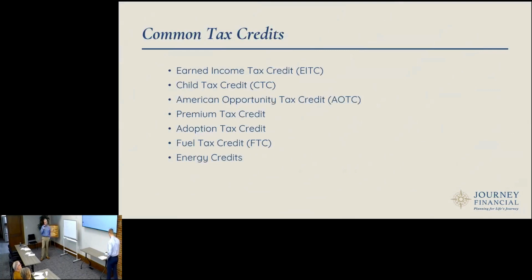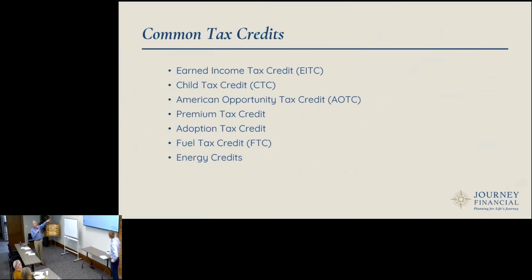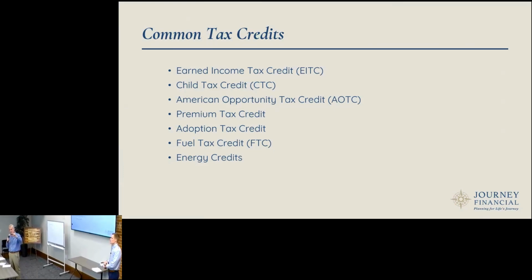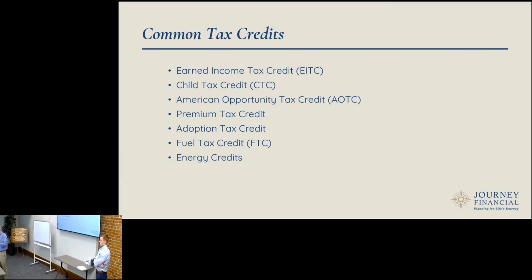Common tax credits that you'll see are listed up here. And it's important to distinguish between refundable tax credits and non-refundable tax credits. A refundable tax credit, like these top three here, the earned income tax credit, child tax credit, and American Opportunity Credit, works like this. After you fill out your full tax bill, let's say you owed $2,000, and then you had some tax credits that would decrease that $2,000 tax liability to below zero, to a negative number.